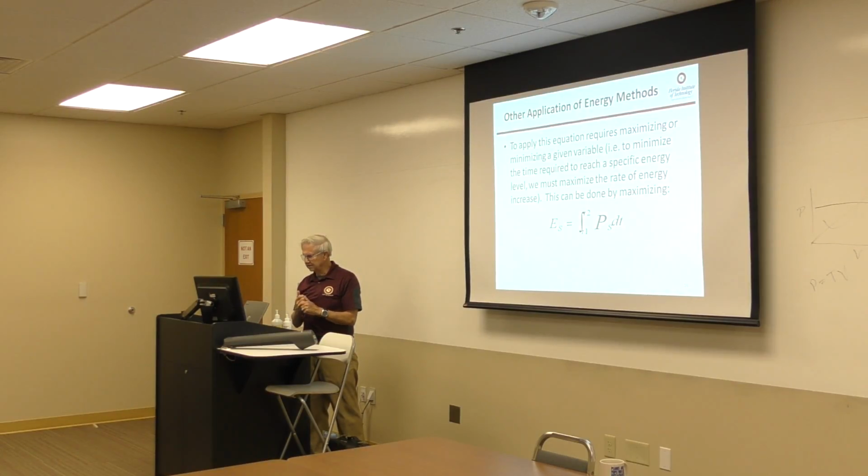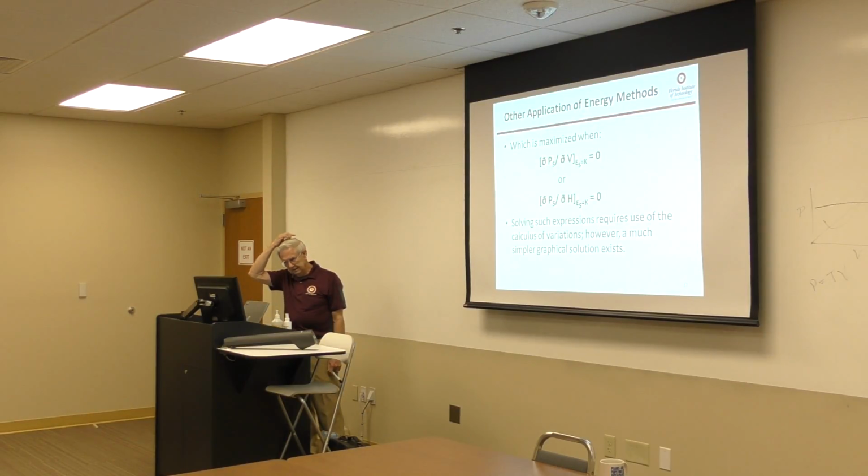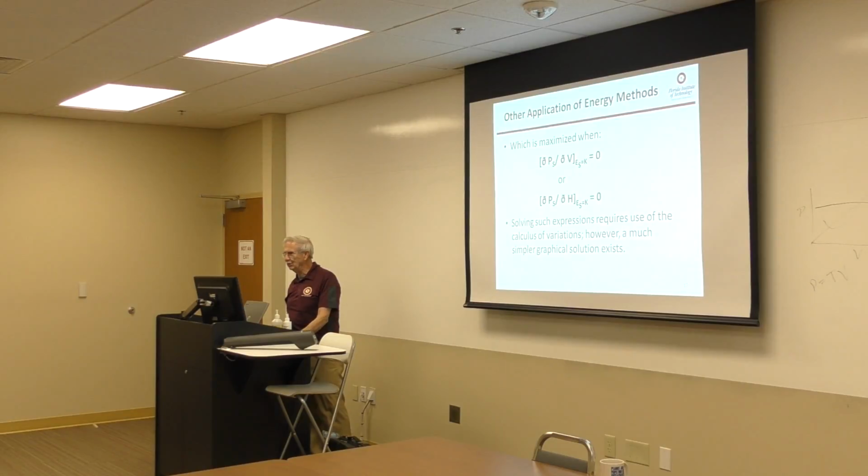Now, to solve this E_s term requires minimizing or maximizing a given variable, and to do that we have an equation that looks something like that, an integral equation where we have P_s change with time. To solve those in the classical sense requires using the calculus of variations, but this isn't a math course, so we're not going to do that.